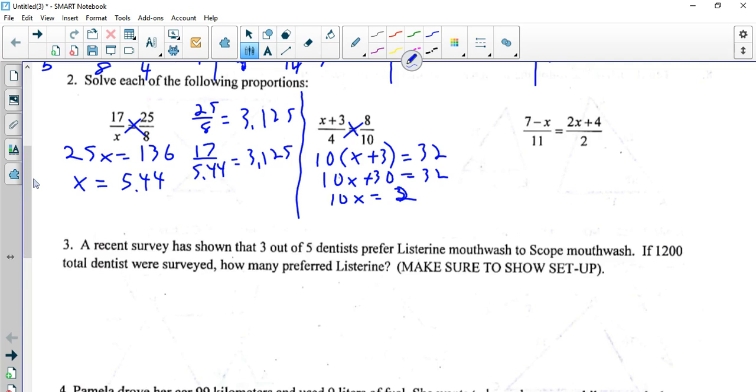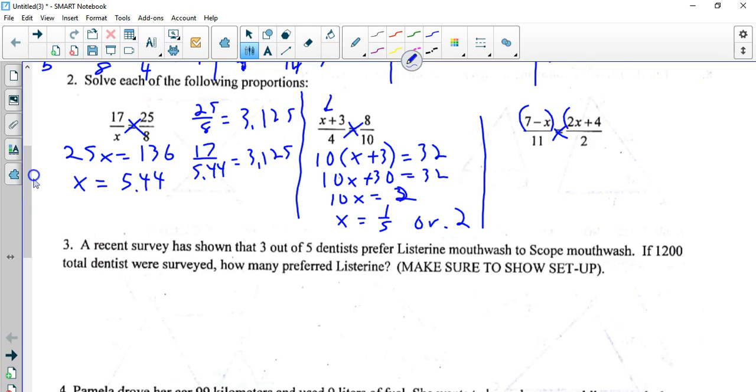When you divide by 10, you get 2/10 or 1/5, or just 0.2 decimal. And again, if you wanted to check that, you can plug it back in. Plug in the 0.2 right here, and if you did 3.2 divided by 4, you'd get 0.8. And 8 divided by 10 is 0.8. So you can confirm that.